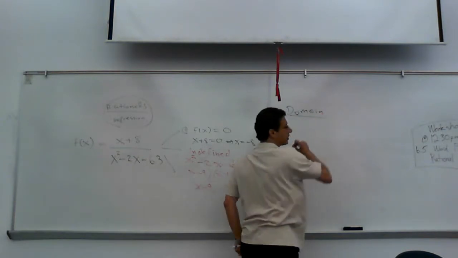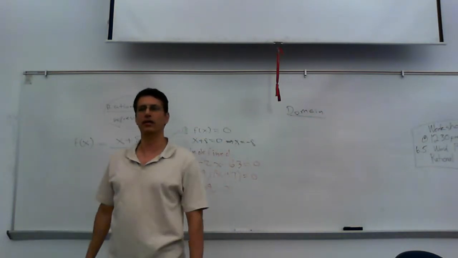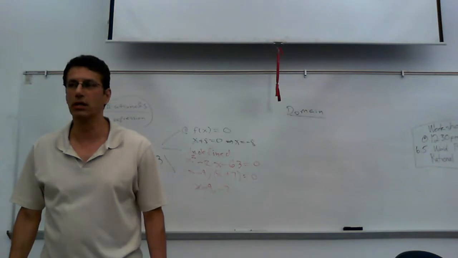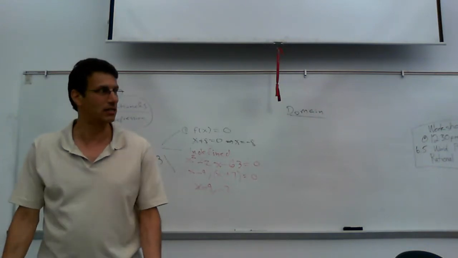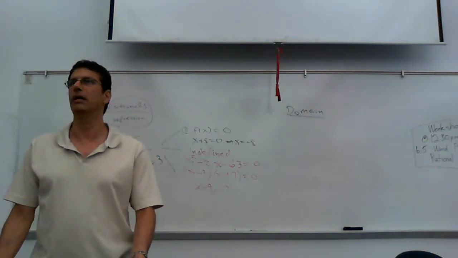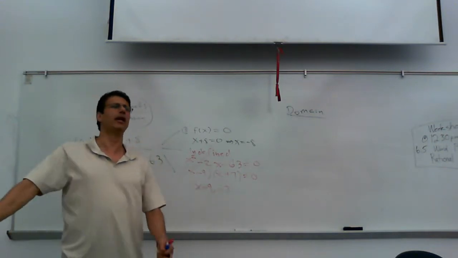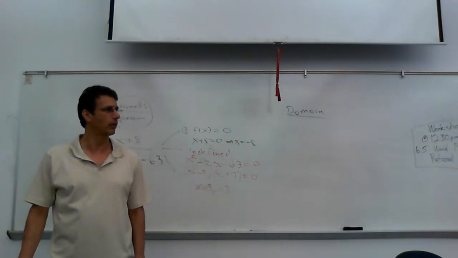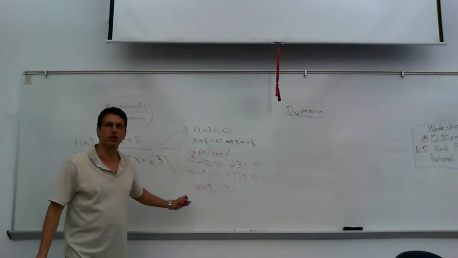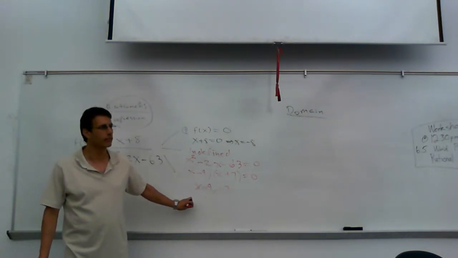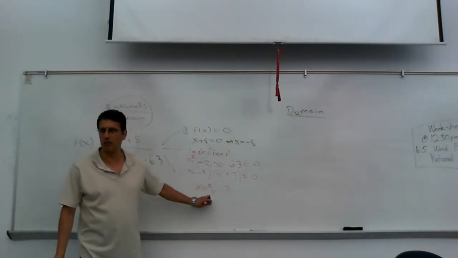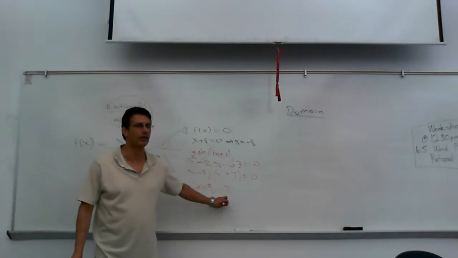And before we answer it, remember the simple definition was all possible values of x, meaning the first coordinate, meaning the independent variable. So whatever x can be, we are in good shape, right? So what makes this expression undefined? Whatever makes the denominator 0: 9 and negative 7.